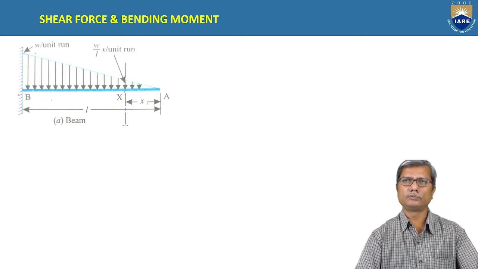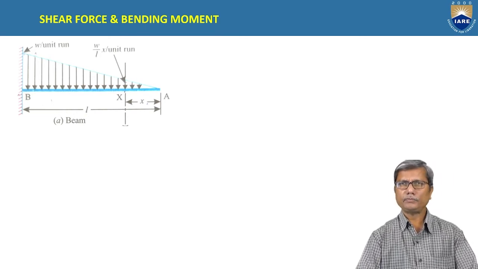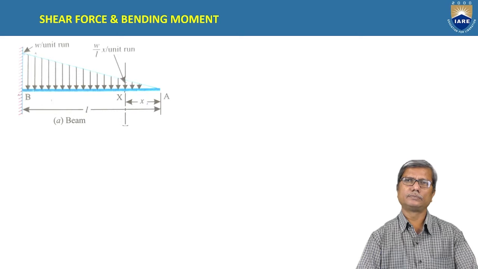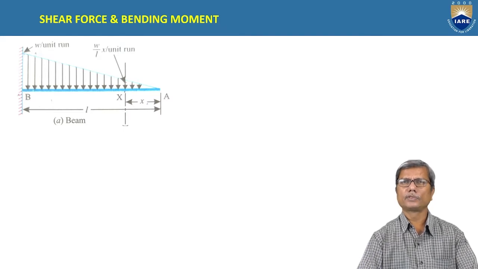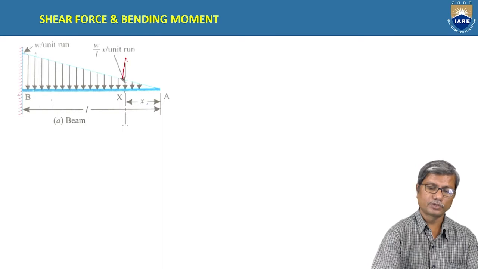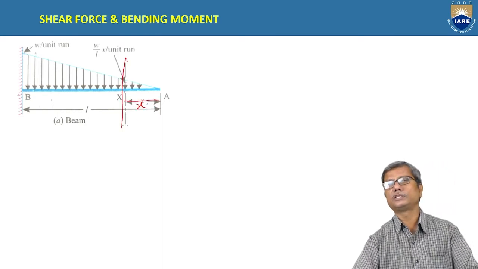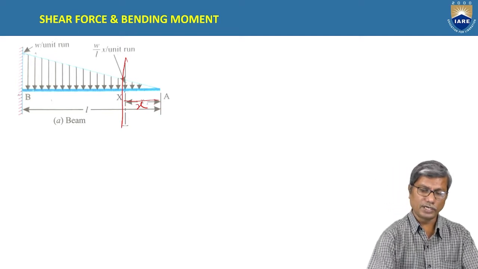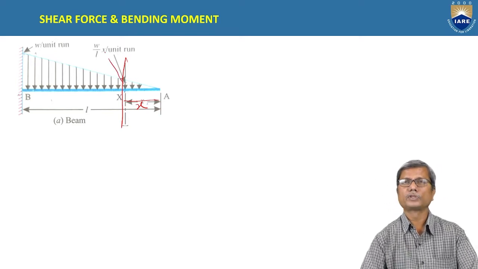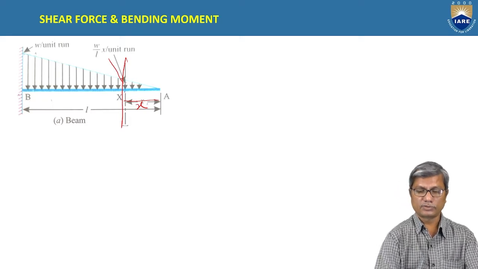In this case also we consider one section between AB, and only one section is sufficient here because it is a continuous distributed loading. We consider the section at a distance of x, and we find the intensity of loading here, which is calculated using the property of similar triangles.